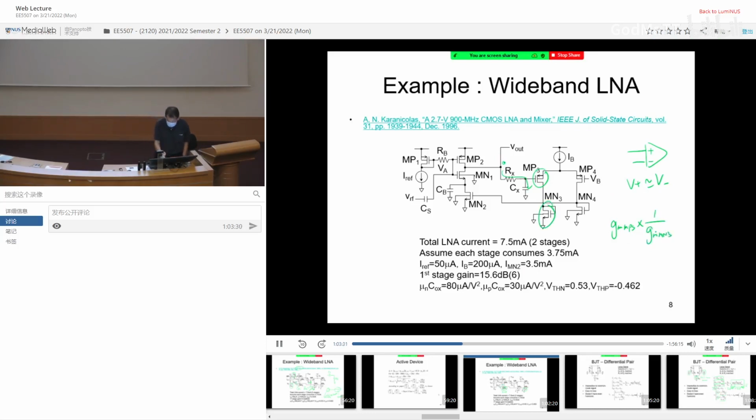But that is not the full gain, because once you get this guy, you are going to see gm MN2 multiplied by this guy, 1 over gm MN1, multiplied by this guy, gm MN1, and then multiplied by this guy, which is RX. Okay? And actually, if you look at this guy, cancel, and look at this guy, this is actually very similar to the amplifier gain, which is about 6, quite big. Okay? Bigger than 1. So you just have to guarantee this is also bigger than 1. Then you can guarantee the loop gain is actually bigger than 1.